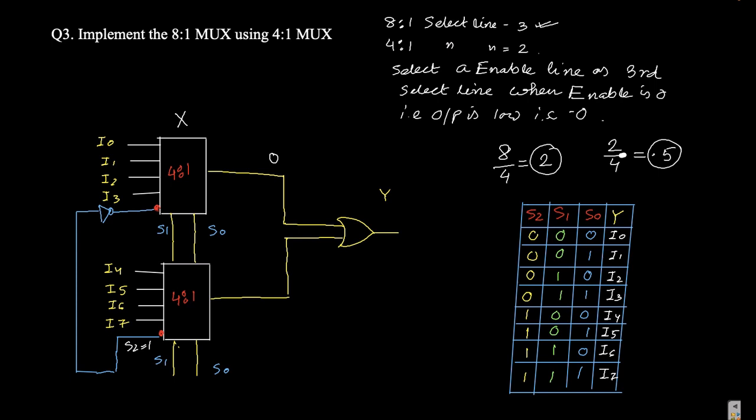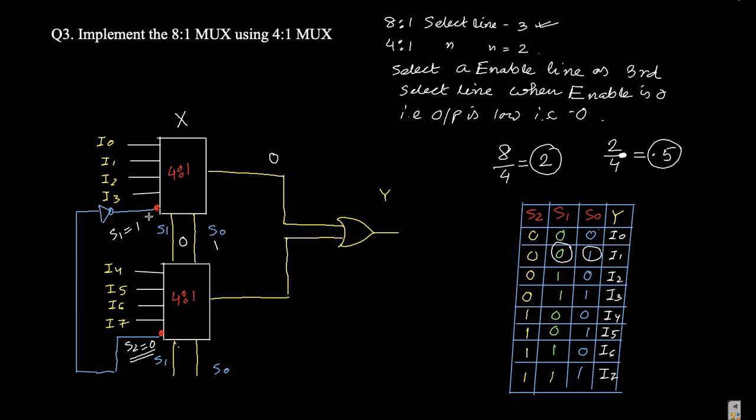Now taking this S2 as 0, then this S1 becomes 1, and if S0 is 1 and S1 is 0, and if the multiplexer is getting S1 as 1, then S2 is 0 over here.